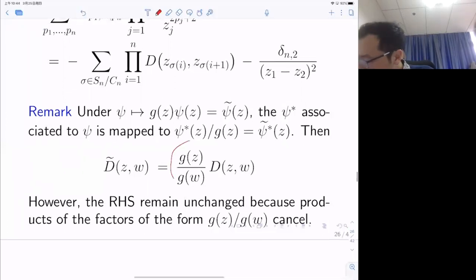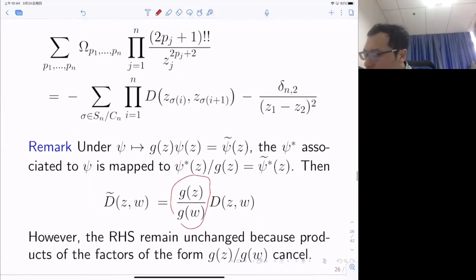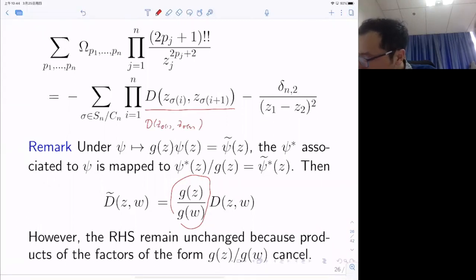However, since here is g(z) divided by g(w), the change cancels, and then you have D(z sigma 1, z sigma 2), and so on, to D(z sigma n, z sigma 1).